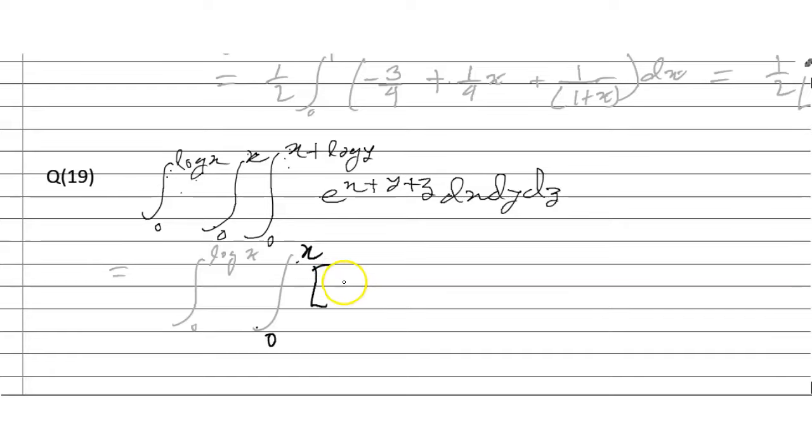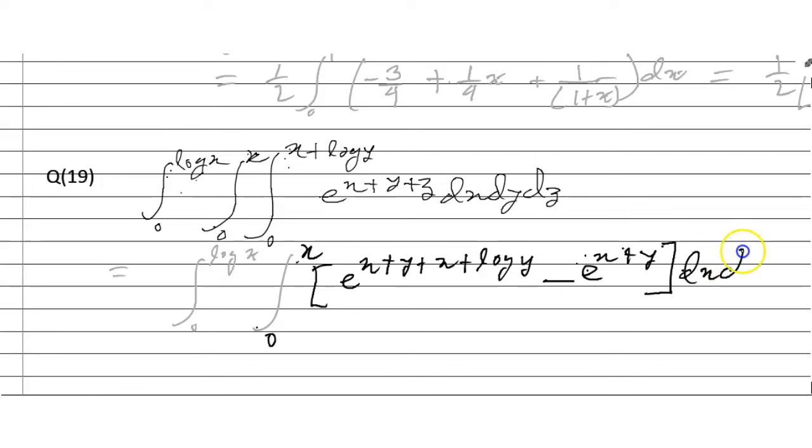So after integrating, we have e to the power x plus y plus x plus log y, plus, so it is not plus, it is minus, e to the power x plus y, dx into dy.